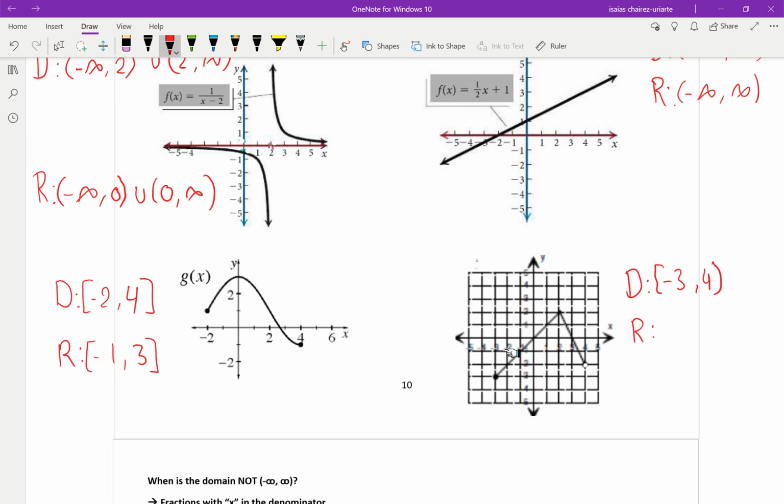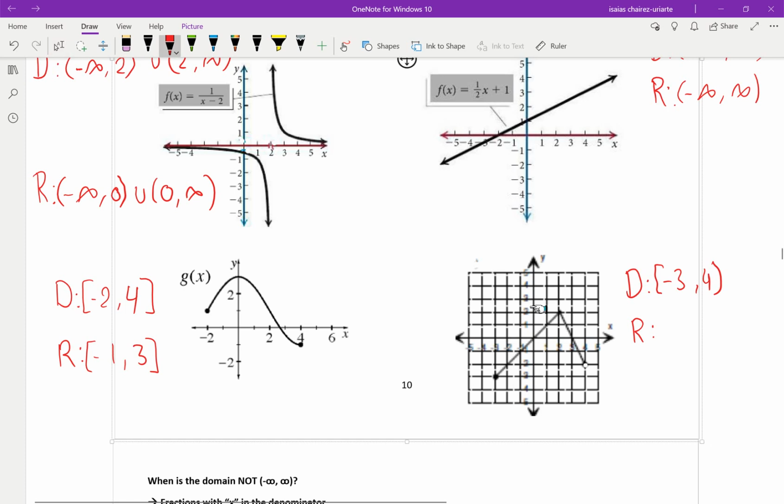What about the range? How far down, how far up does my graph go? I'm looking at the y-axis, and my graph goes down all the way to -3 and all the way up to 3. Sorry, 2. So -3 all the way to 2.